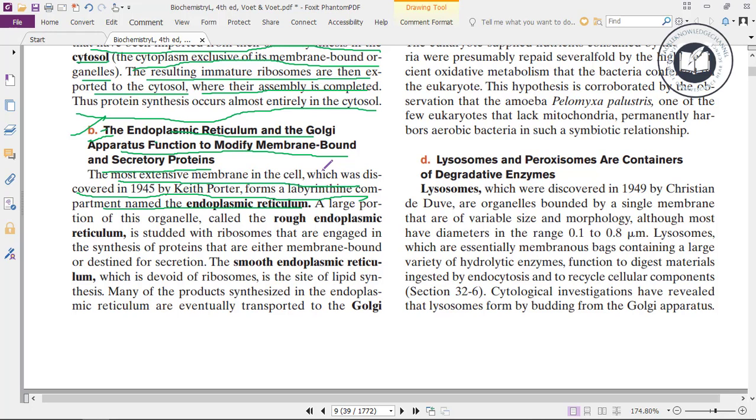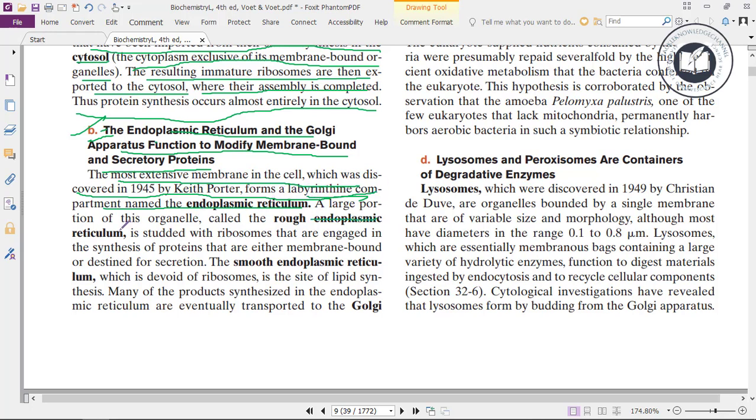So Keith Porter is a scientist who, in 1945, discovered the most extensive membrane in the cell. He found that the membrane formed a labyrinthine compartment named the endoplasmic reticulum.